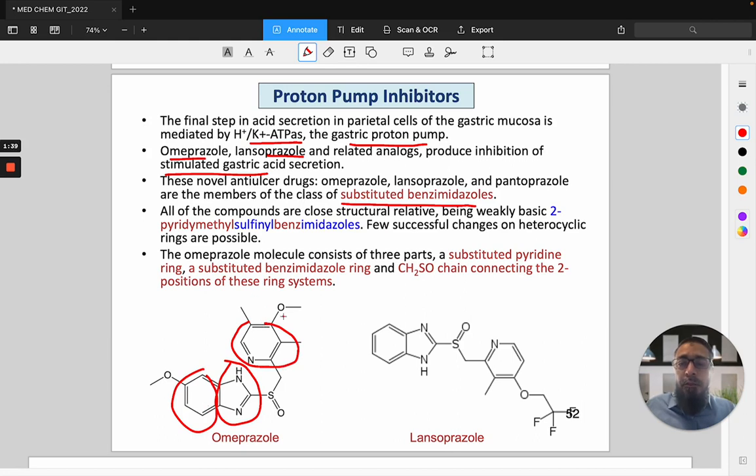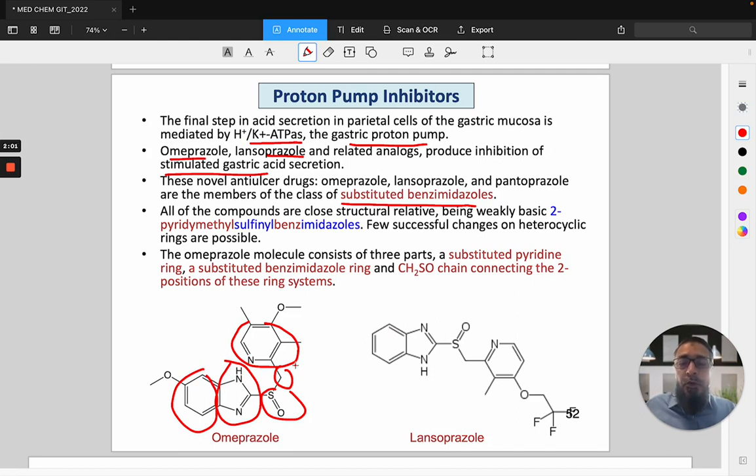This is the pyridine type, pyridyl, this is the methyl, this is the sulfinyl part, and this is the benzimidazole. All structures resemble this skeleton.